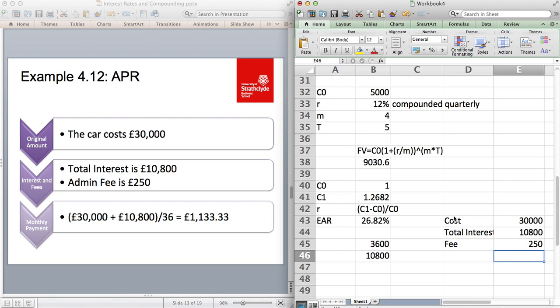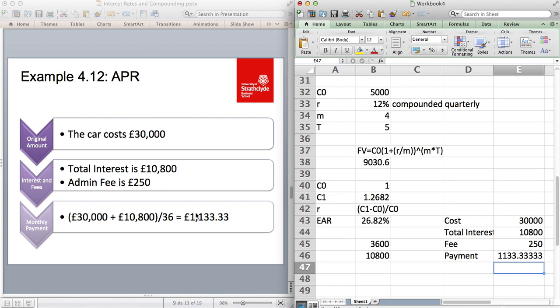What's the monthly payment? Remember, you're paying off interest and you're paying off the principal. So the monthly payment is equal to the total amount plus the total cost of the interest, divided by 36 because we've got 36 payments.